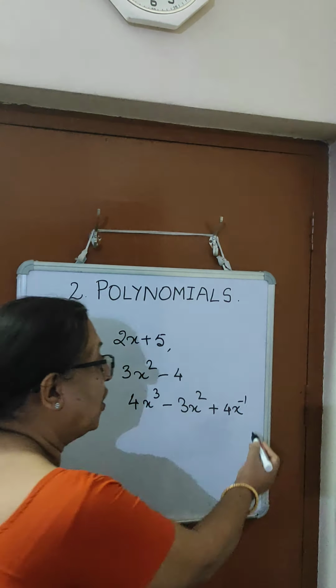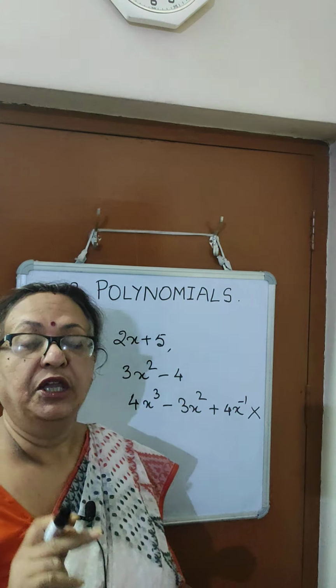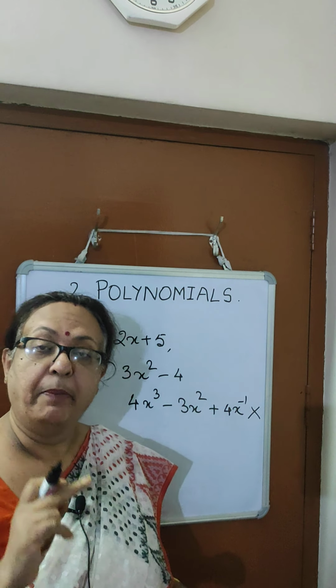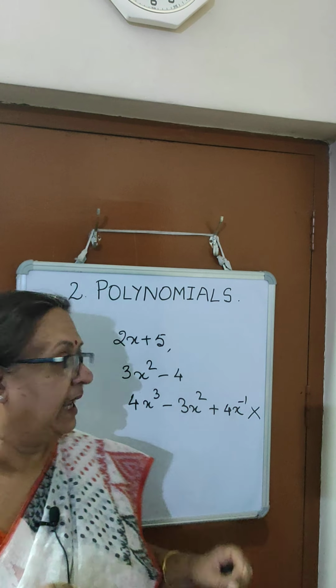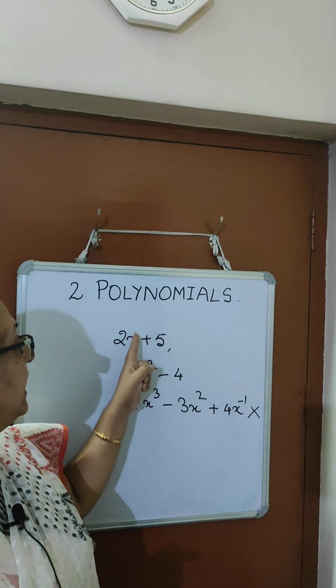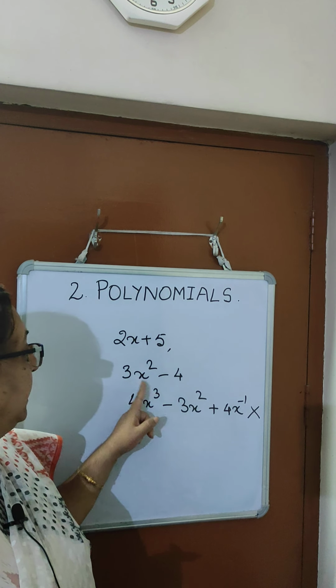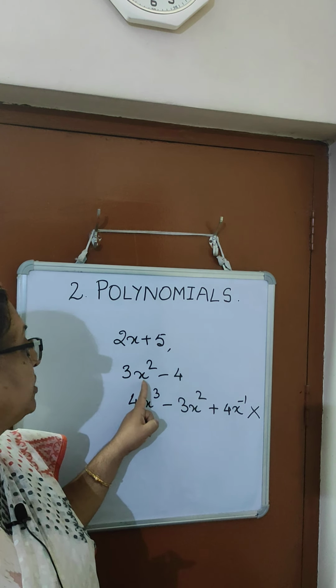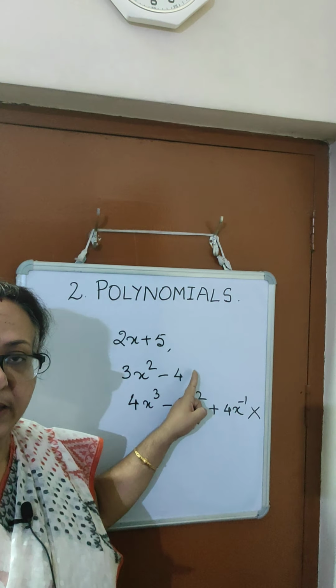So this is not a polynomial. So for a polynomial, you have to see that the power of the variable is a whole number. Okay, so you see here x means x to the power 1. This is a polynomial. Here what's the variable? X. What's the power of x? 2. So this is a polynomial.